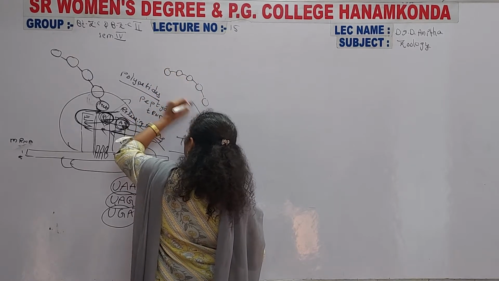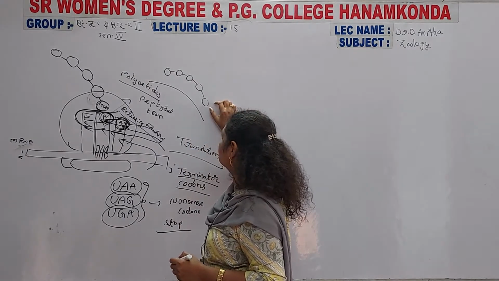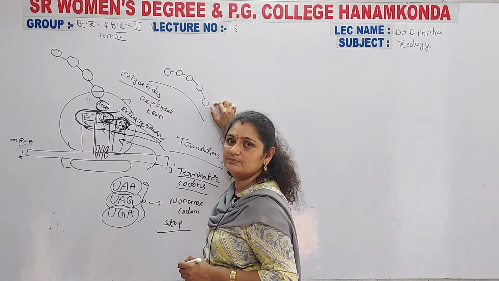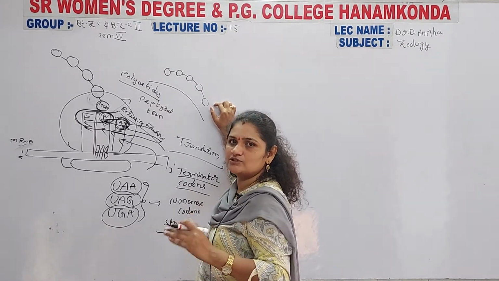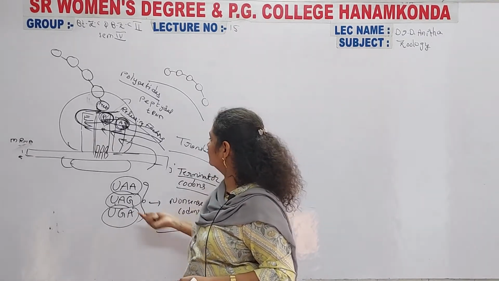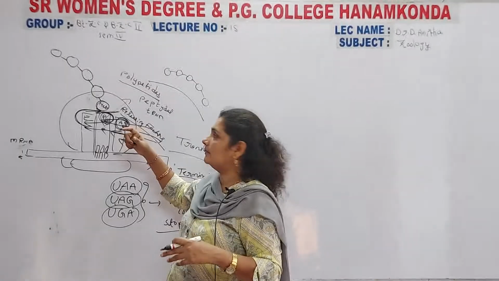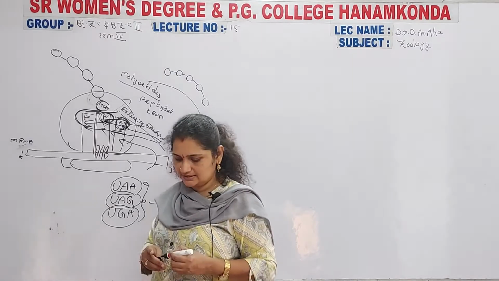It is completely free like this and reaches its destination. The process is repeated many times, and the chain is separated from the peptidyl tRNA. This process is transcription and translation.